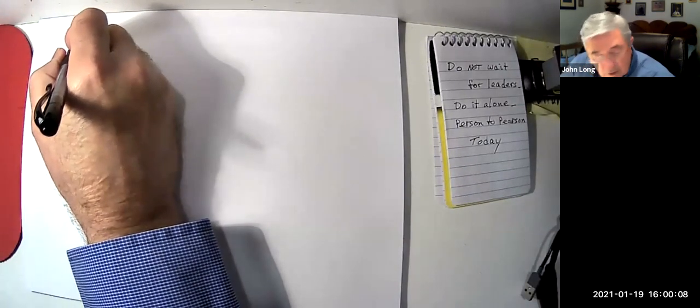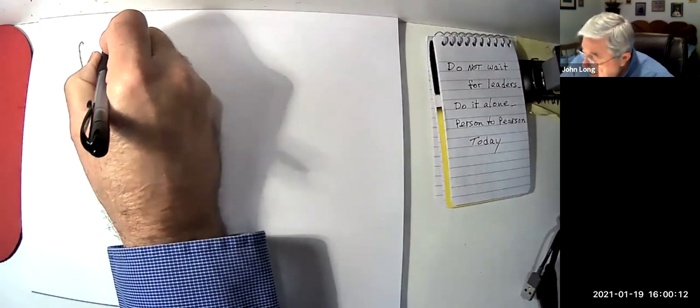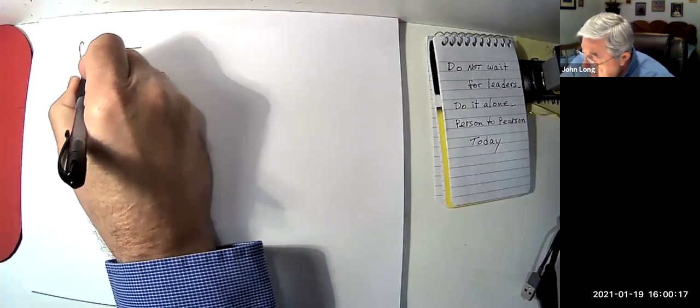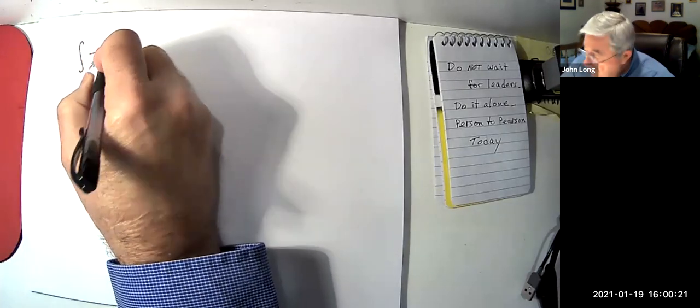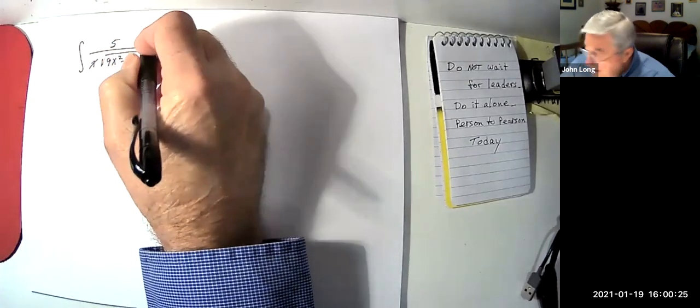Here's another one that looks similar to that. It's the integral of 5 divided by x, the square root of 9x squared minus 11 dx.